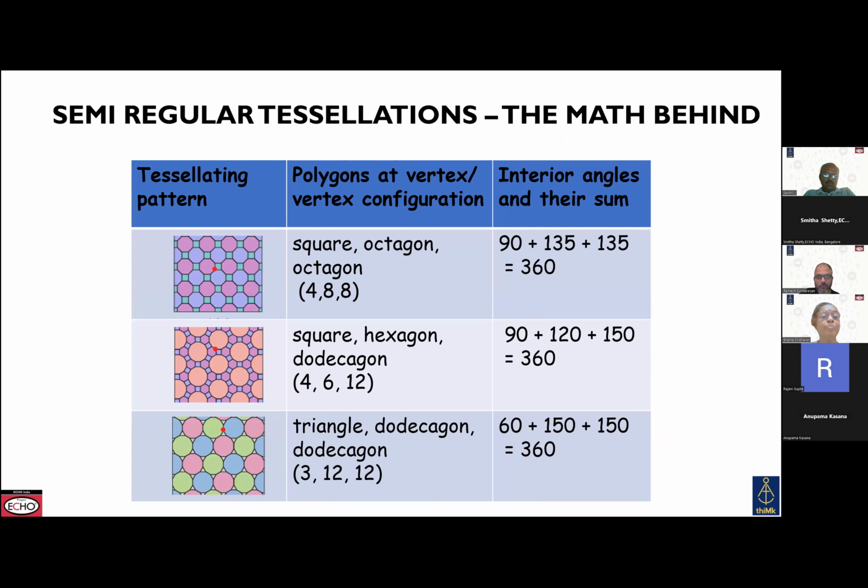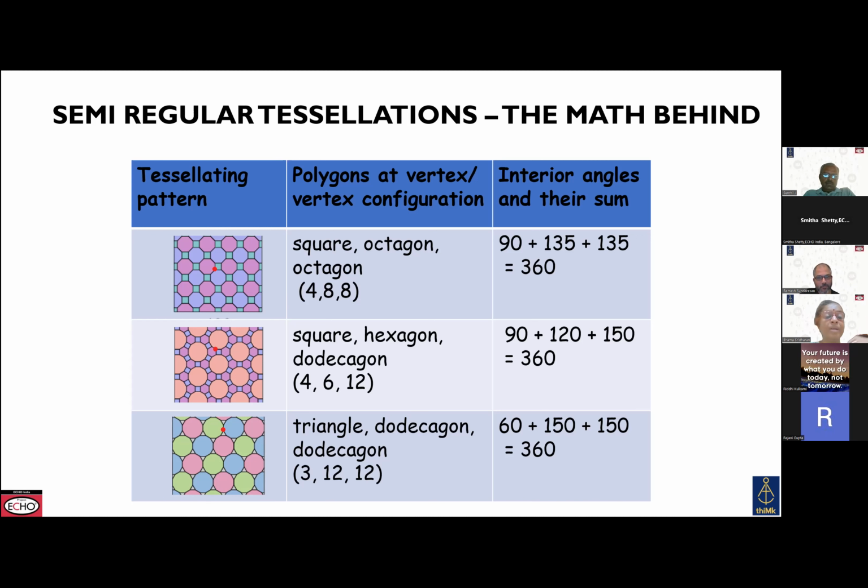So the polygons at every vertex, we call it a vertex configuration, is 4.8.8, where 4 stands for the square, 4 sides, octagon is 8, and once again an octagon, and we denote it by 4.8.8. And if you look at the interior angle sum, it is going to add up to 360: 90 plus 135 for the octagon, and 2 times 135, so they add up to 360.